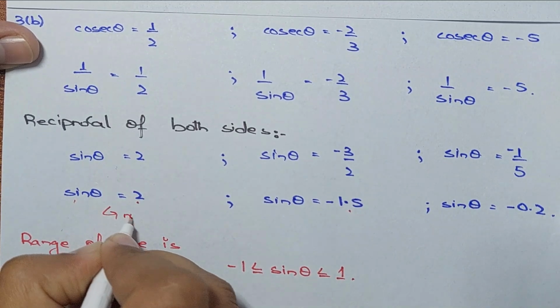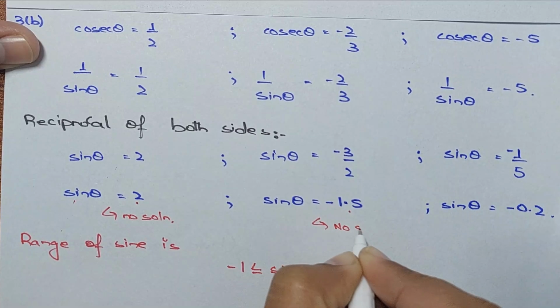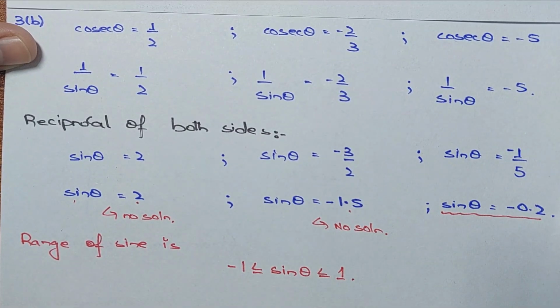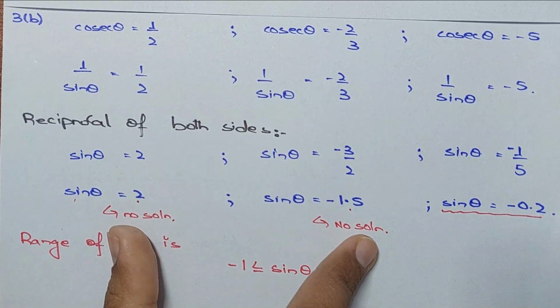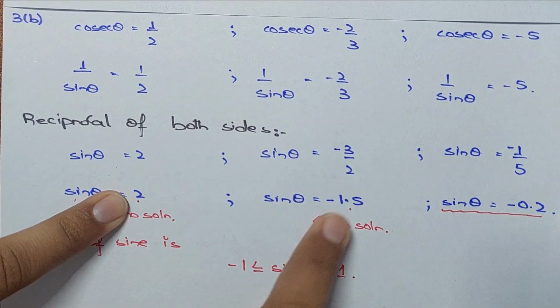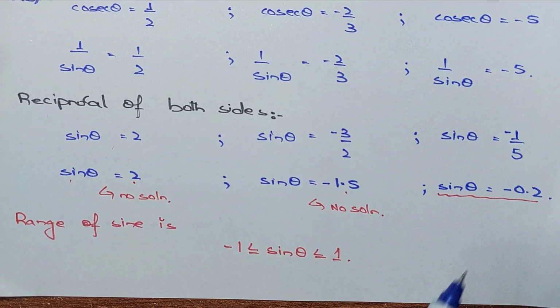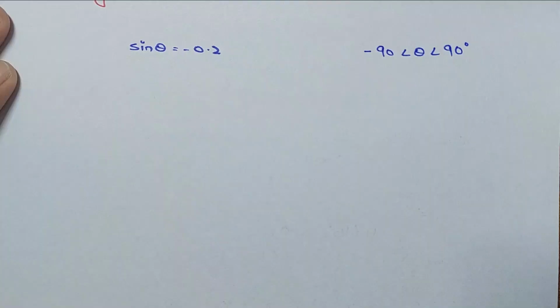So from here we have no solution because this does not lie in the range, and we have no solution from this case as well. So we have only solution from here, right? So these two are no solution. Why? Because these values are outside the range. 2 is more than 1, and minus 1.5 is less than minus 1. So we just need to solve sine theta is minus 0.2 and theta is between minus 90 and plus 90.